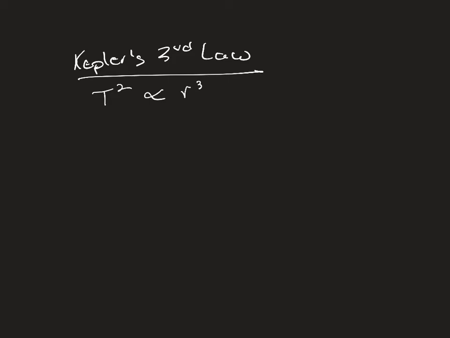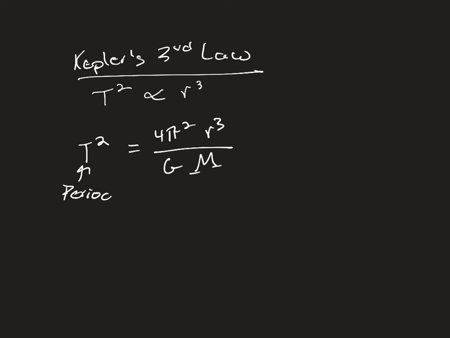So the full form of this equation is that the period squared is equal to 4 pi squared r cubed divided by the gravitational constant times the mass. So remember, a period is the time to orbit once. And this is going to be in seconds.